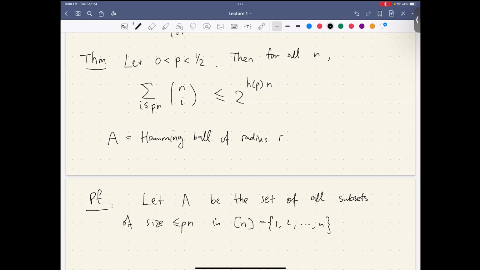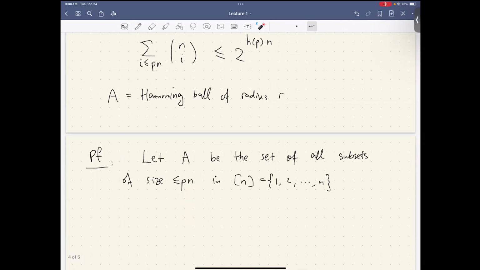Remember that there's a natural correspondence between 0-1 vectors of length n and the subsets of [n], if we think of a subset and consider its characteristic vector. So this set A is nothing but the Hamming ball of radius pn around the all-zero vector.